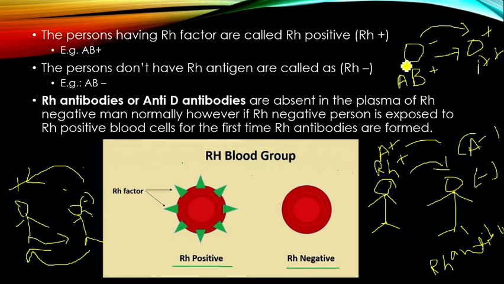Hence, the universal donor is O negative, and the universal receiver is AB positive. That is about Rh blood grouping based on the presence or absence of Rh antigen. There is a formation of two types of blood groups, positive blood group and negative blood group.